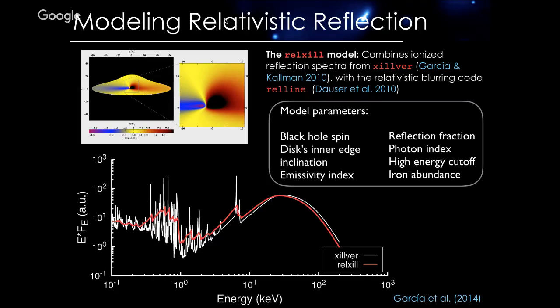The inclination of the disk is also very important, and it will change the amount of relativistic blurring you have in the spectrum. There are many other parameters, like the iron abundance or things that have to do with the illumination of the disk. I'll talk a bit more about that in a minute.